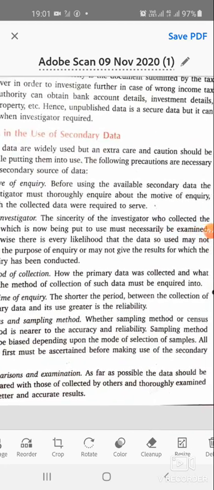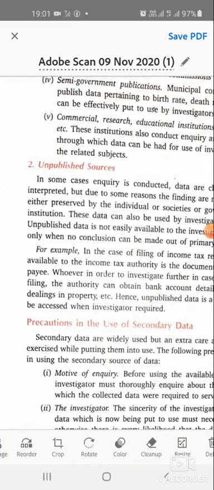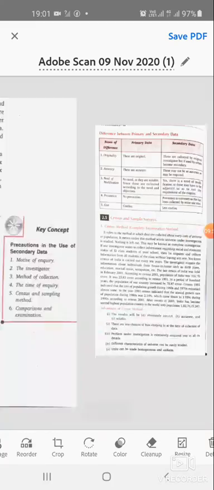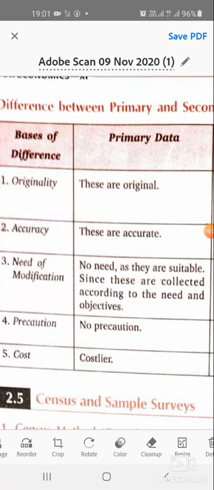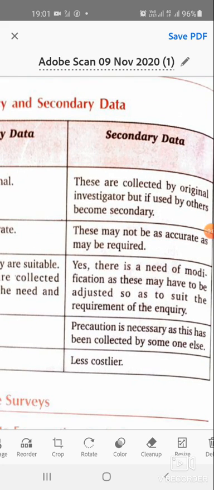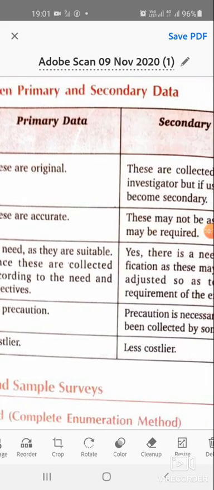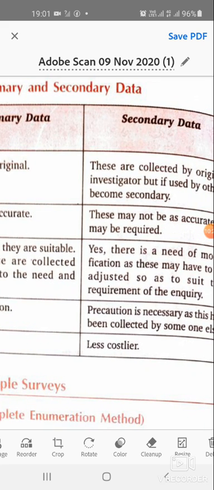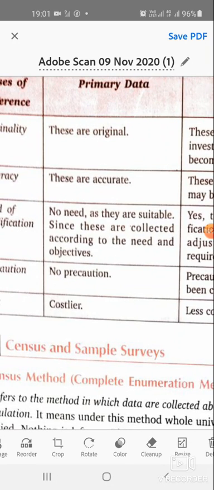As the last topic, let us discuss the difference between primary and secondary data. Point-wise, on the basis of originality, primary data are original, while secondary data are collected by some other investigator. On the basis of accuracy, primary data are accurate, but secondary data may not be as accurate as primary.